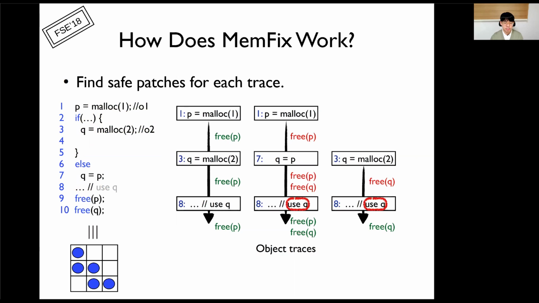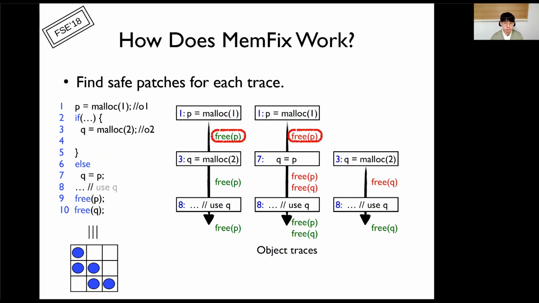And then MemFix tries to remove the unsafe patches highlighted in red from the possible patches. These patches are unsafe because they deallocate the object P or Q too early, before it is used at line 8, thereby leading to potential use-after-free.